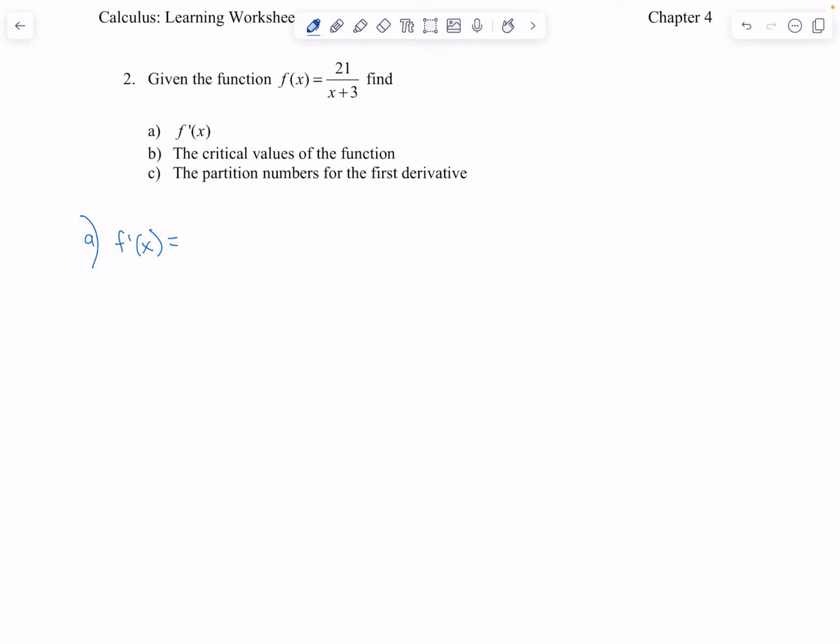What we'll do is let's rewrite this actually before we jump into our derivative. If I rewrite this using my exponent properties, I'll have 21 times x plus 3 to a negative 1 power. And that will let us do the power rule.